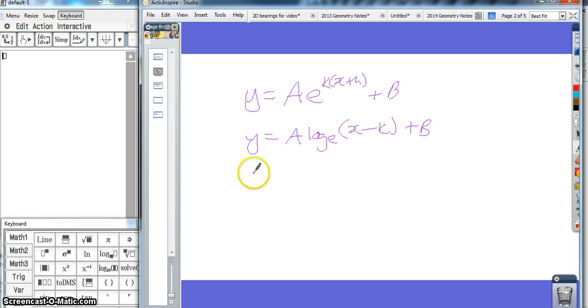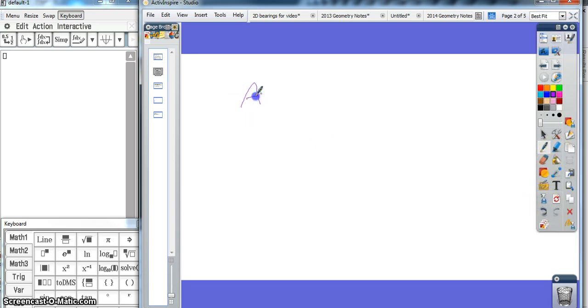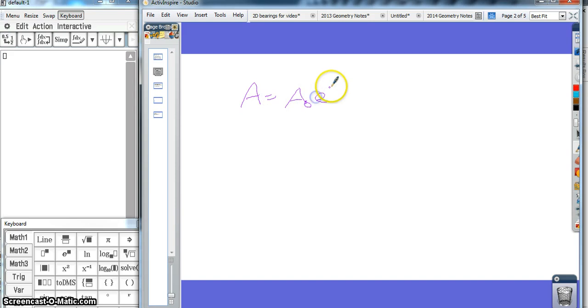What we'll be looking at now are where you're given a slightly different form of an equation. So it might be something like that, or something like that.